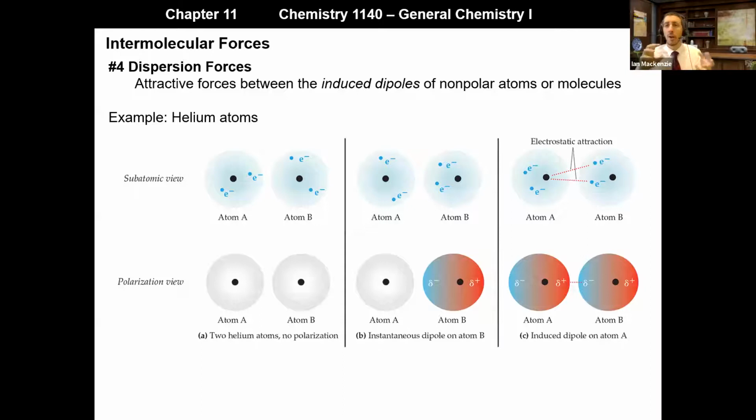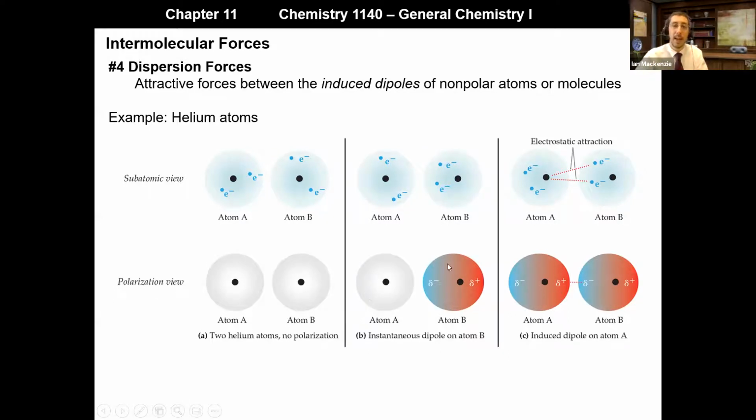But every once in a while, when those electrons are moving around the nucleus, at some point those electrons are going to both end up on the same side of the nucleus, as is shown here in atom B. So for one solitary instant in time, because both electrons are on one side of the nucleus, we now have a temporary dipole, where one side is, for a brief instant of time, partially negatively charged, and the other side is now missing electrons, so it's partially positively charged. So for one instant in time, I have a dipole.